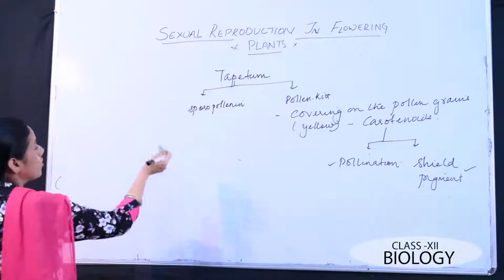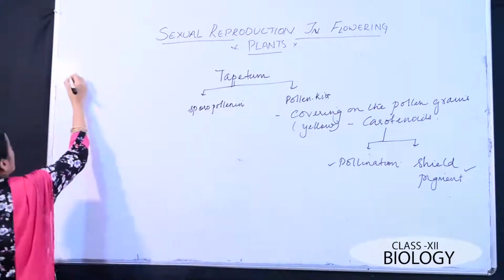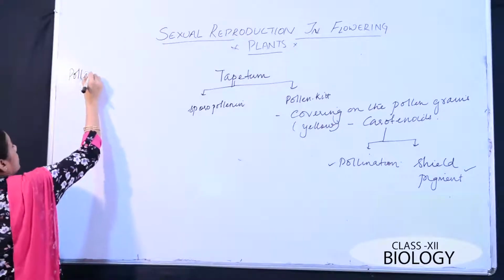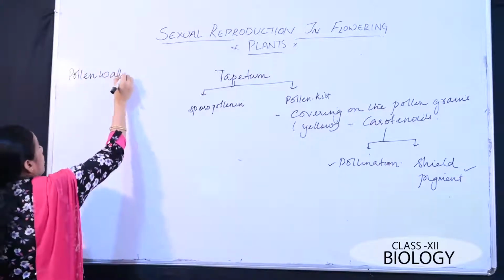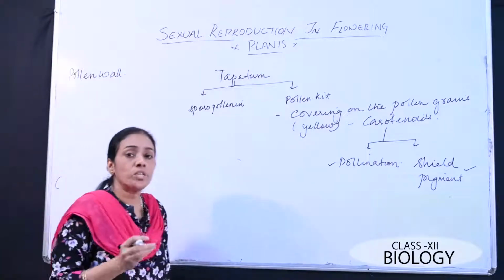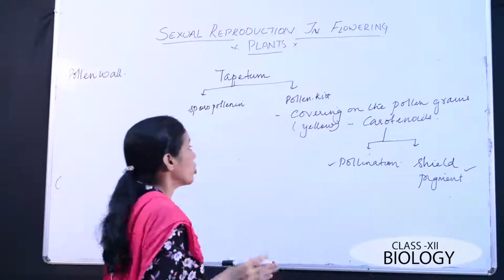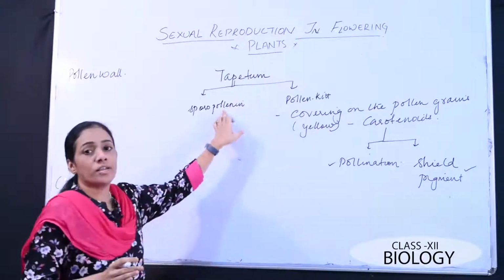Now the next thing is, the pollen wall also contains some proteins which are also secreted by the tapetum. It is not only the sporopollenin which is secreted by the tapetum.